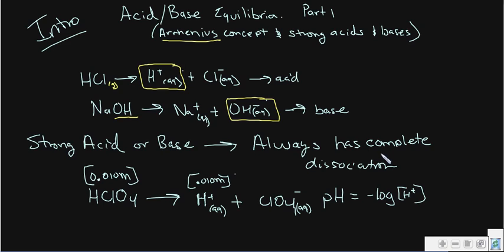Complete dissociation means if I put in 0.010 molar of this, it will give me 0.010 molar hydrogen ions. Strong means complete dissociation. Every single one of these hydrogens will come off and remain as an ion in solution, and none of them will stay here. That's the idea of strong acids or strong bases.